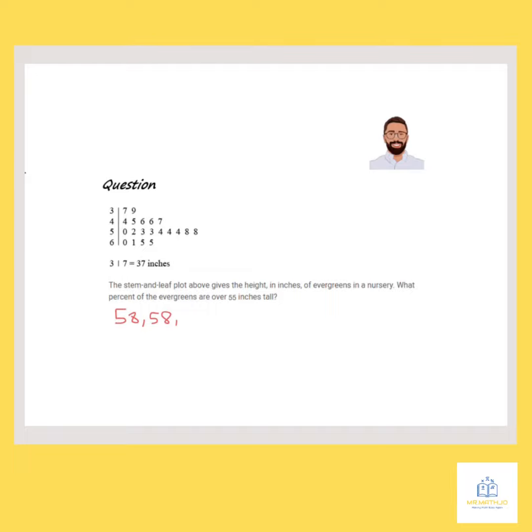I have 61. I have two 65s, so 65 and 65. So the number of evergreens that have a height more than 55 inches is 1, 2, 3, 4, 5, 6.